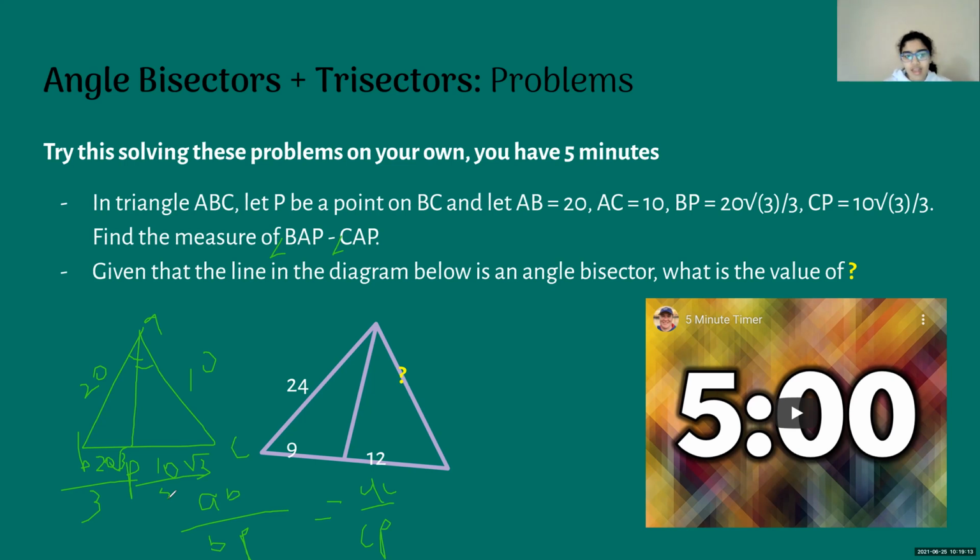So that means that AP must be the bisector of angle A. So when we're trying to find the measure of BAP minus CAP, what would that be? Someone in the chat or someone on mute, say what would that be?